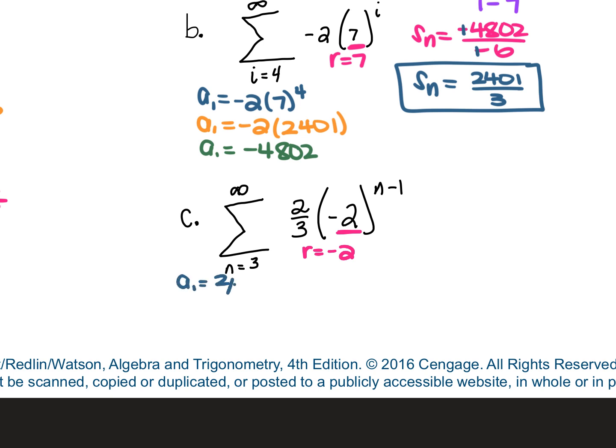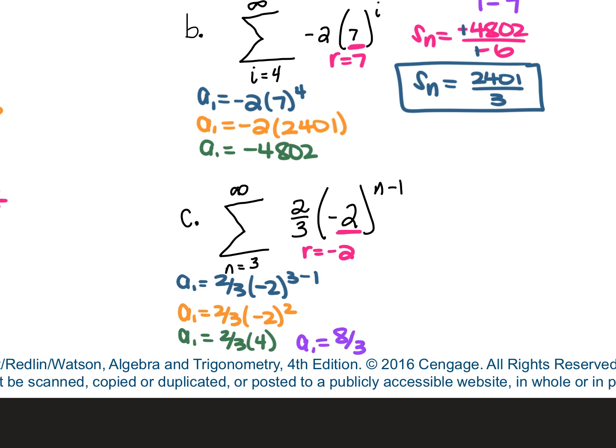So that's going to be 2/3 times -2 to the power of 3 minus 1. The power of 3 minus 1 becomes the power of 2. The -2 squared is 4. The 4 times 2/3 gives us an a sub 1 of 8 over 3.